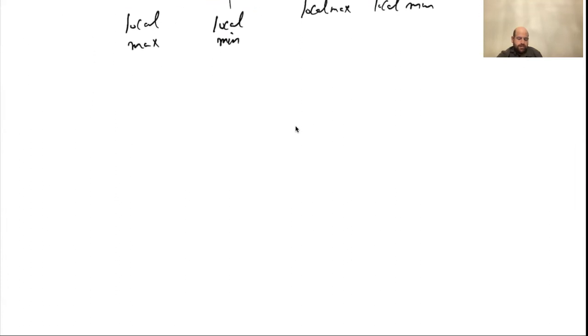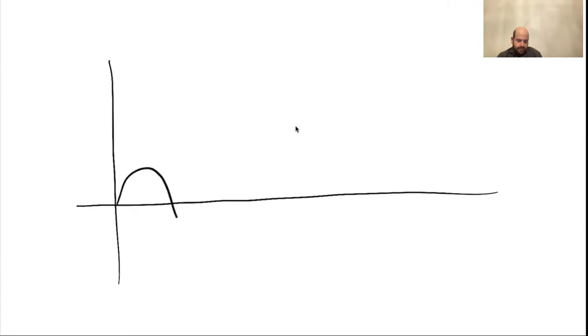Okay, now are we ready to sketch the graph? We want the domain to be 0 to 2 pi. The function increases, and decreases, and increases, and decreases.